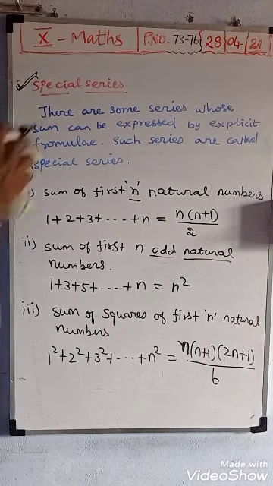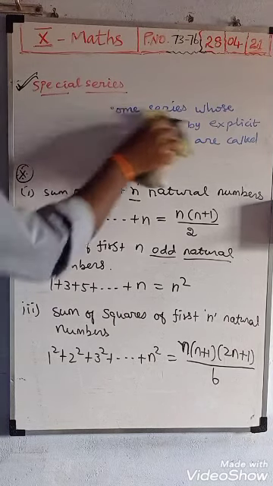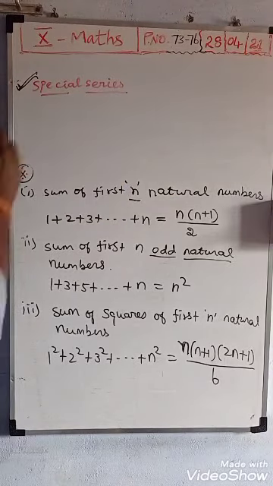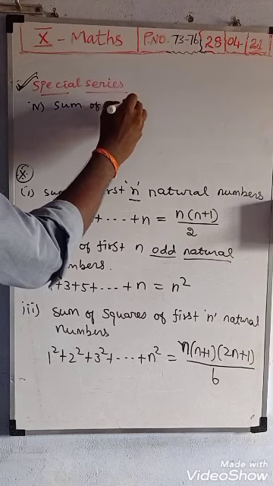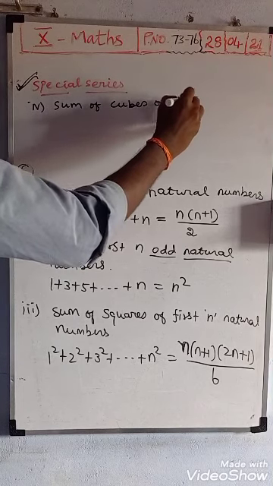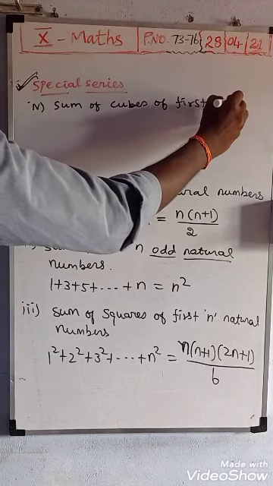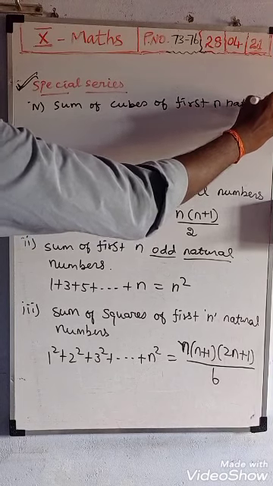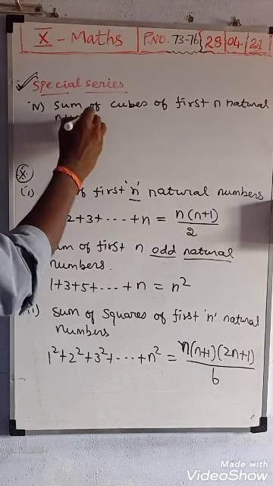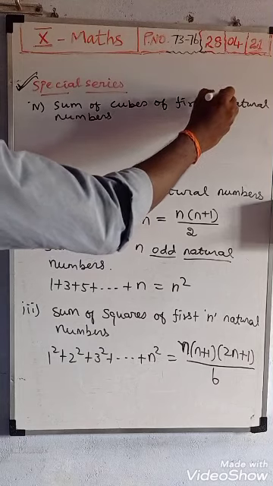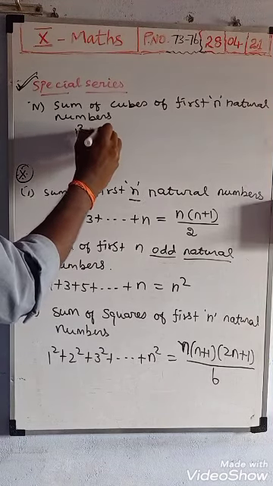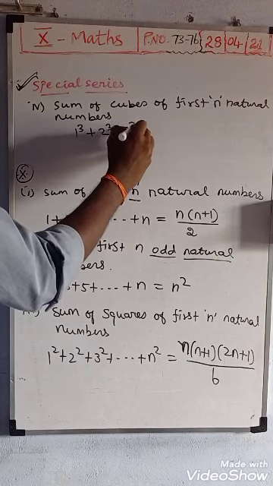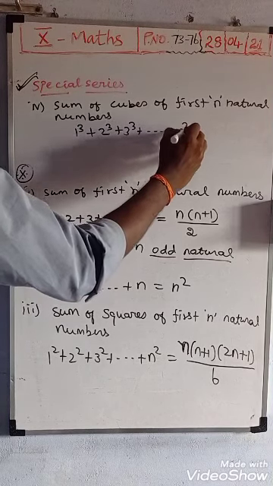Next, sum of cubes of first n natural numbers. 1 cube plus 2 cube plus 3 cube plus up to n cube.